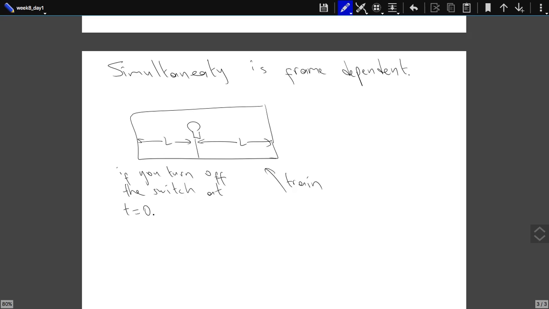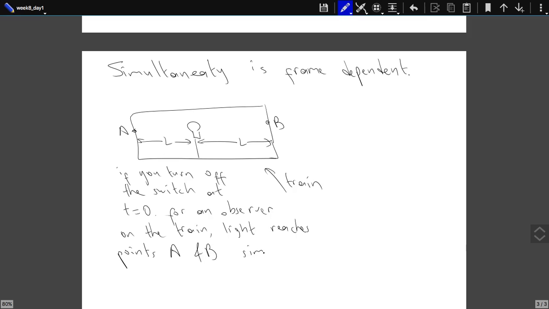For an observer on the train, light reaches, let's say this is point A, this is point B, points A and B simultaneously.